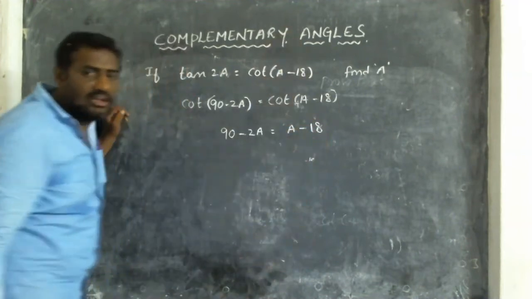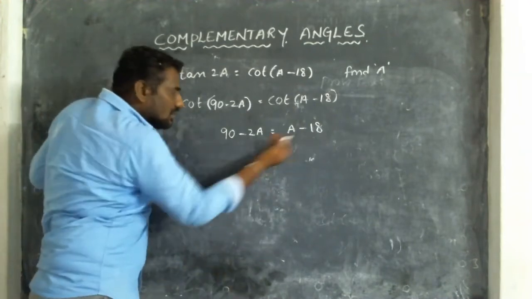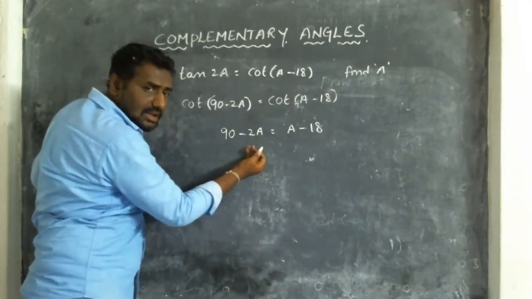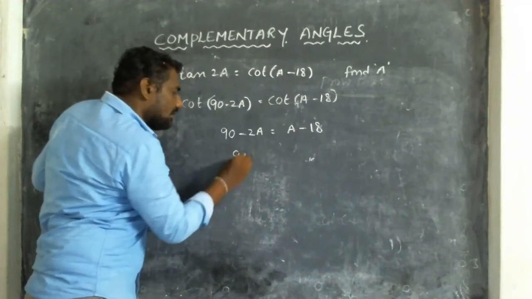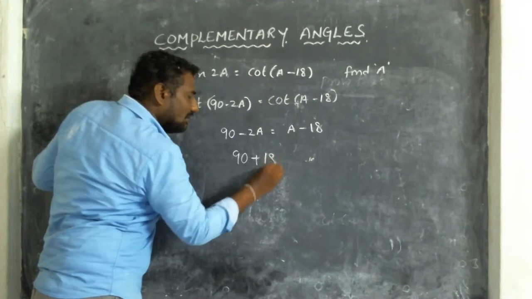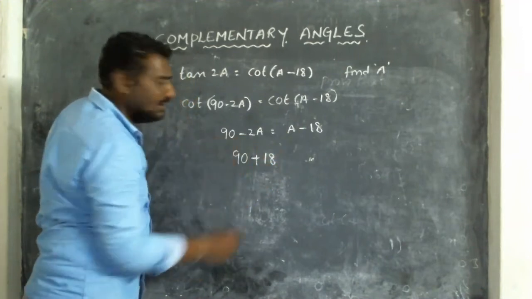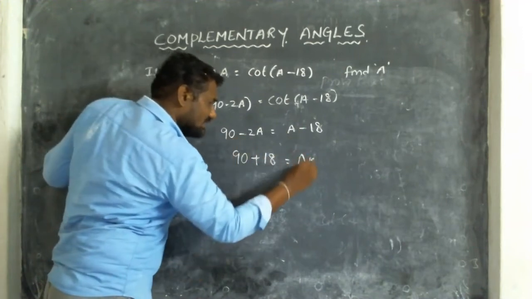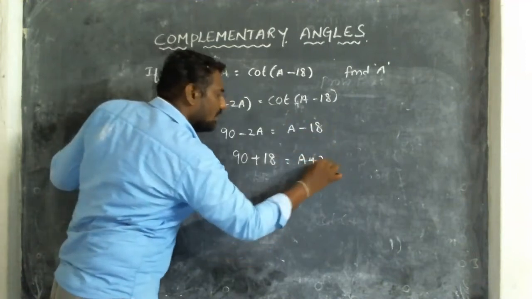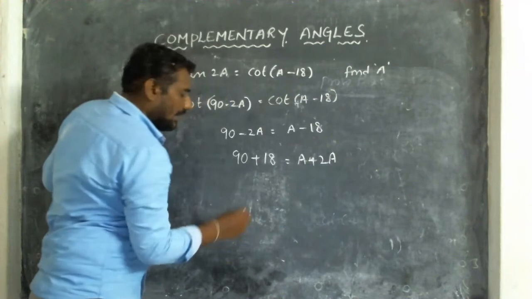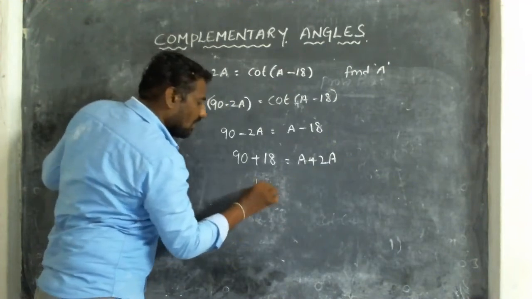Just transferring now. Minus 18 bring to the left hand side become as a plus 18. Minus 2a you take to the right side become as a plus 2a. 90 plus 18. Already here a is a right a, minus 2a you take to the other side become as a plus 2a. 90 plus 18 we can write it as a 108.